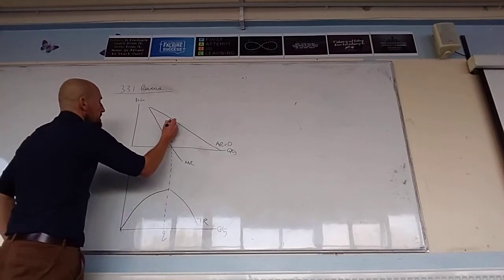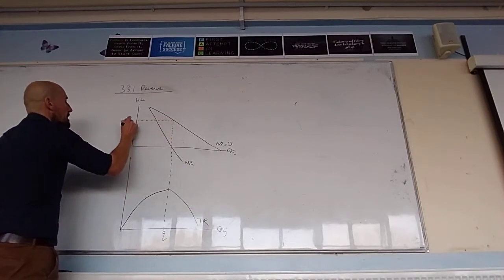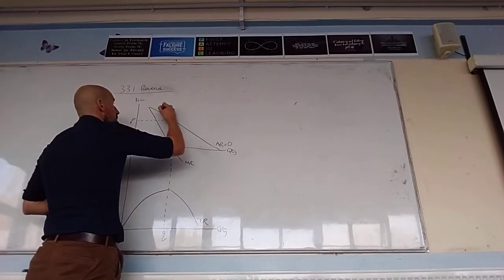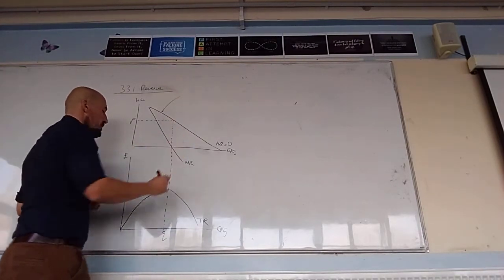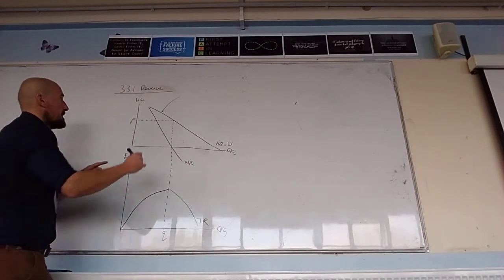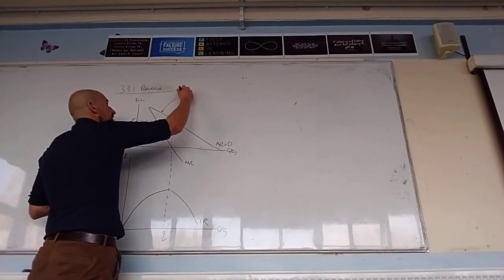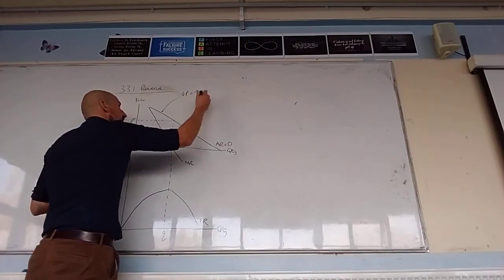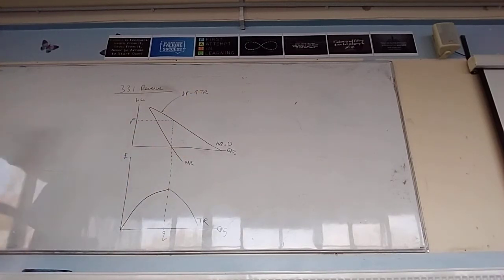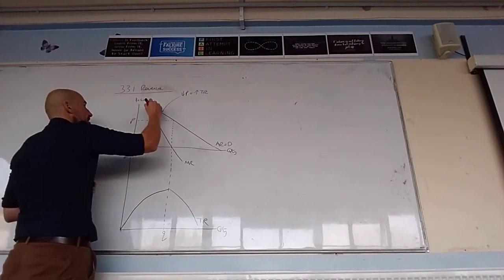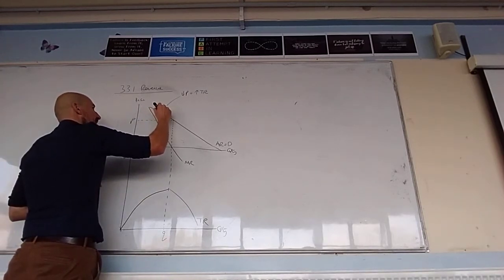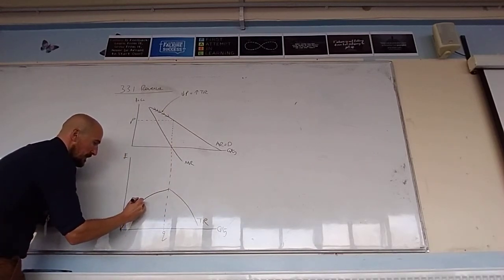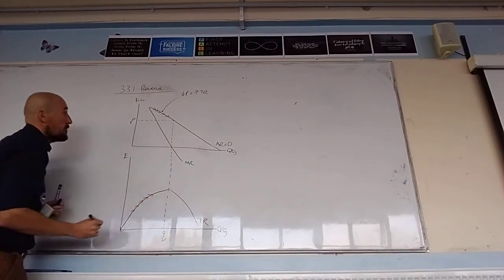So what this tells us, at this particular point, within here, we can see that based upon this information, the reduction in price is leading to an increase in total revenue. As I move along this curve, moving down here and increasing the quantity, I am also moving up this point here.